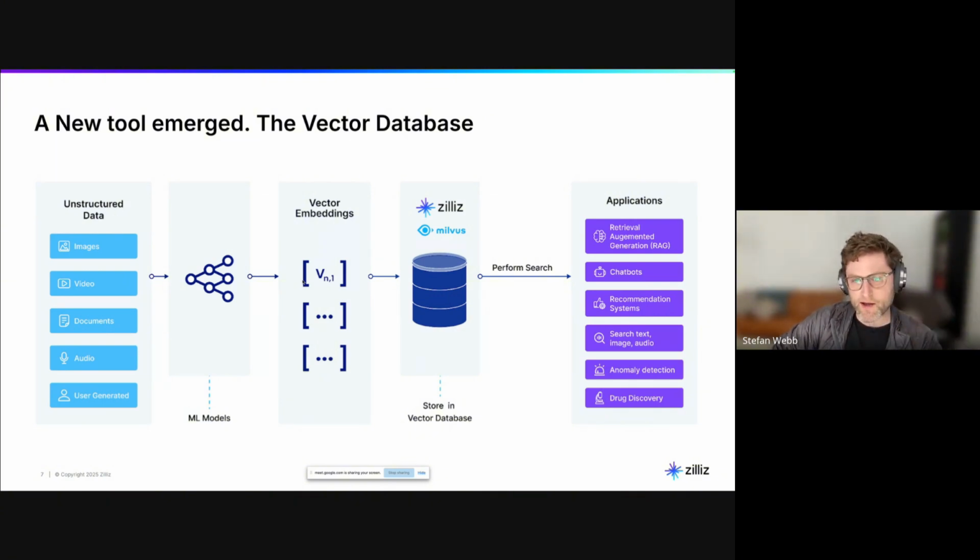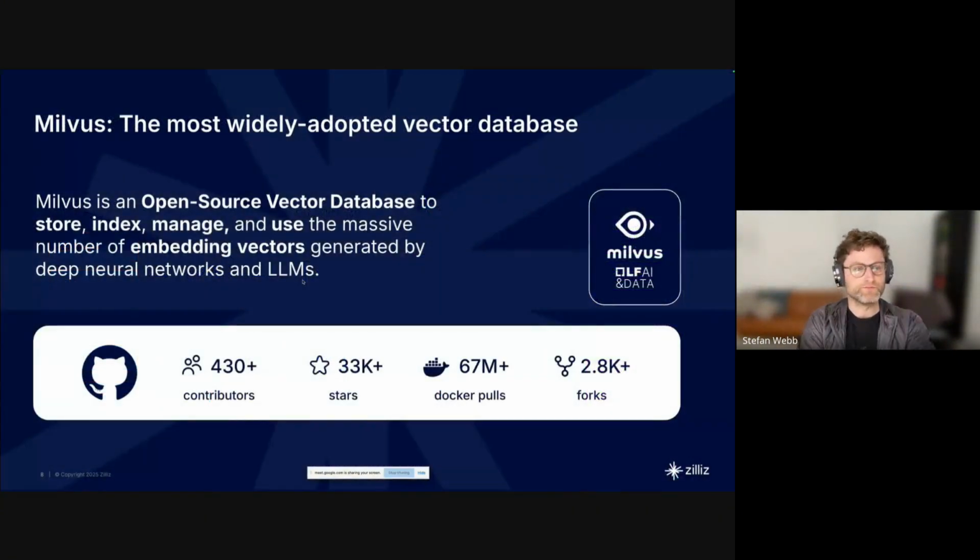Vector search is the new standard. You need a vector database to do that vector search, and then with your data, your embedding models, and your vector database, you can build new applications like RAG, chatbots, recommender systems, as well as agents. A vector database is a key technology behind all of those.